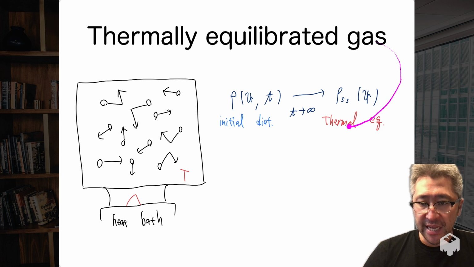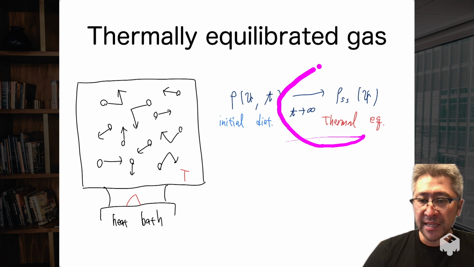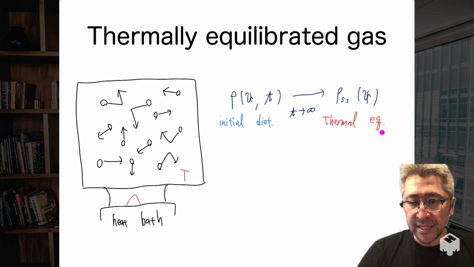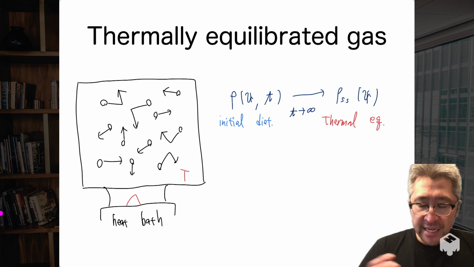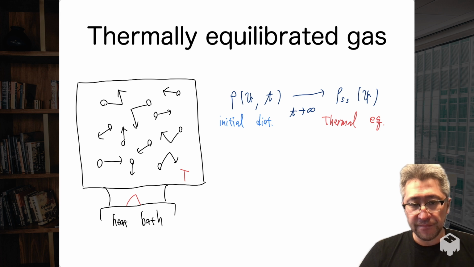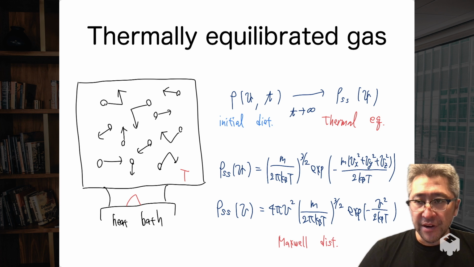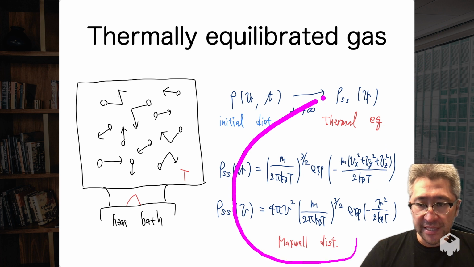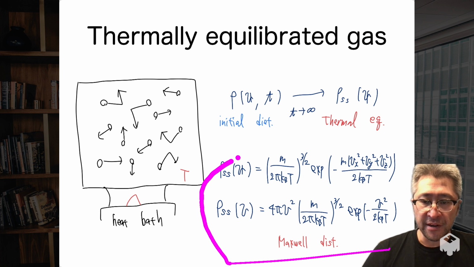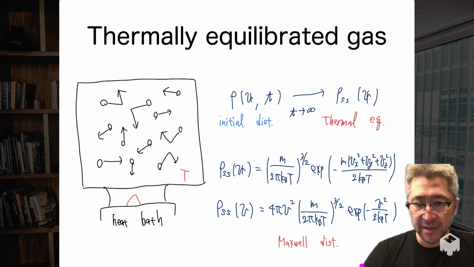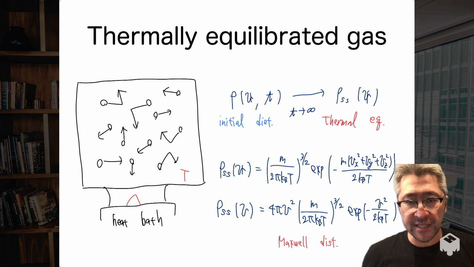This steady state is described by the temperature T, and the form does not change. So this steady state is just an equilibrium state. In the usual gas case, the distribution of velocity or speed follows the Maxwell distribution.